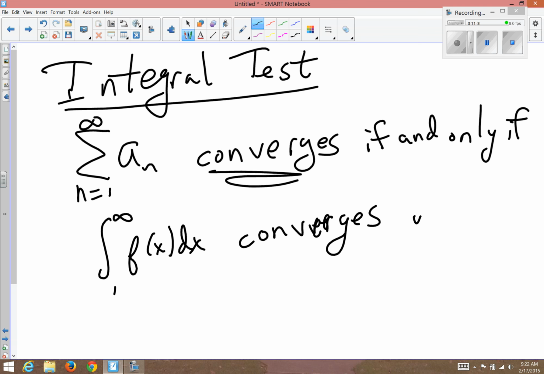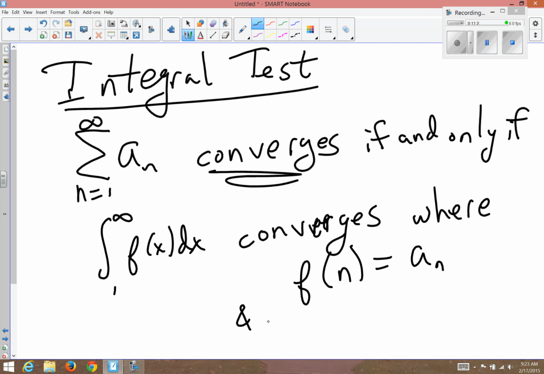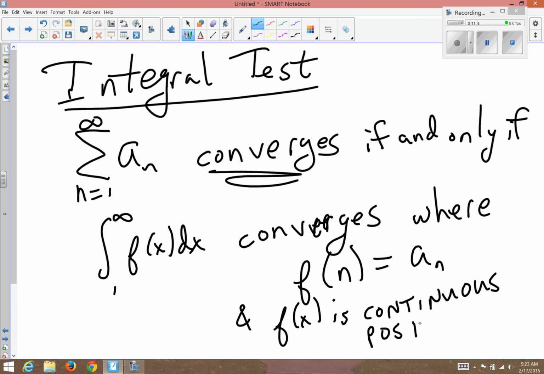Where this is a function of x, but if we made it a function of n, the same function, it would equal the nth term of the series. And the function that we're integrating here has to be continuous, positive, and decreasing.